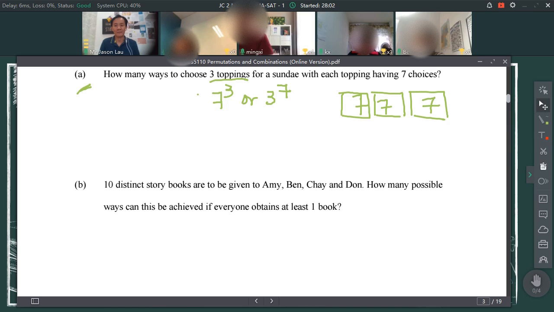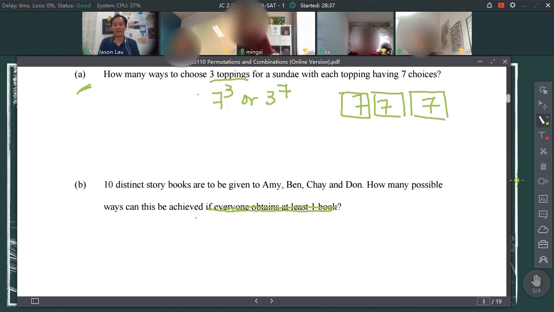For example, you have to look at things like, is it 10 times 9 times 8 times 7? No, I think it's much more complicated. So we cancel this part first. It's very difficult to do.